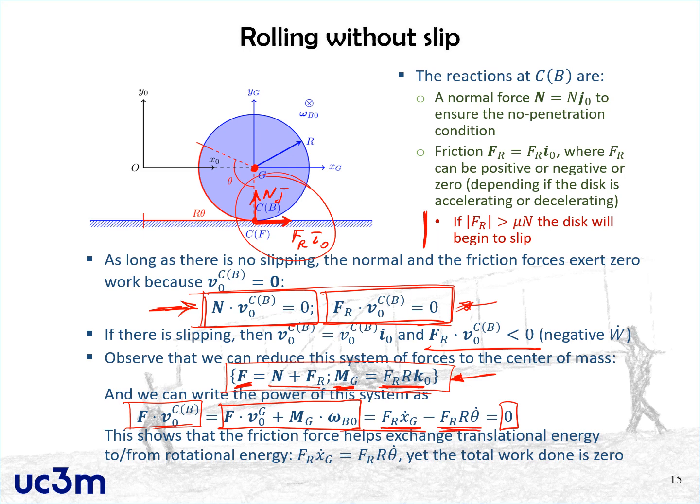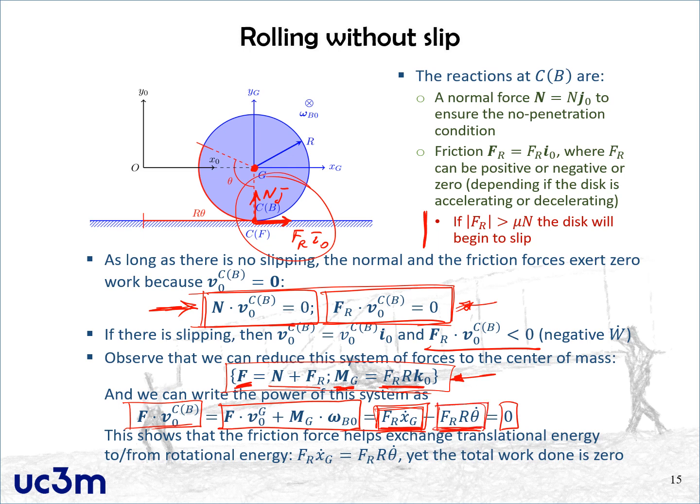Since the sum of these two terms has to be equal to 0, the sum is 0, but each of them doesn't have to be 0 independently. So with respect to the center of mass, the friction force can be accelerating the velocity of the center of mass because it is creating positive power for this term at least, but it may be creating negative power regarding the other one.